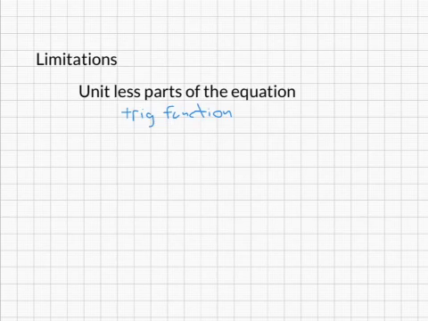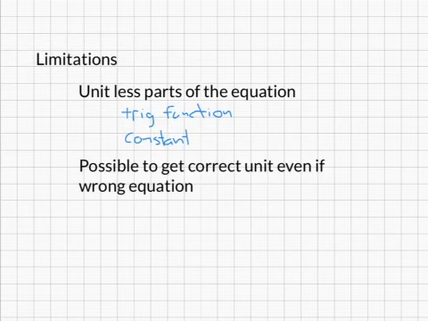The second thing that is unitless are constants. So again, if we go back to our equation from before, we noticed there was a 2 in there. That 2, if I made an algebra mistake somewhere and that was accidentally and inadvertently put in there, that would actually not work as well. Secondly, it is possible to get the correct unit even if you have the wrong equation.